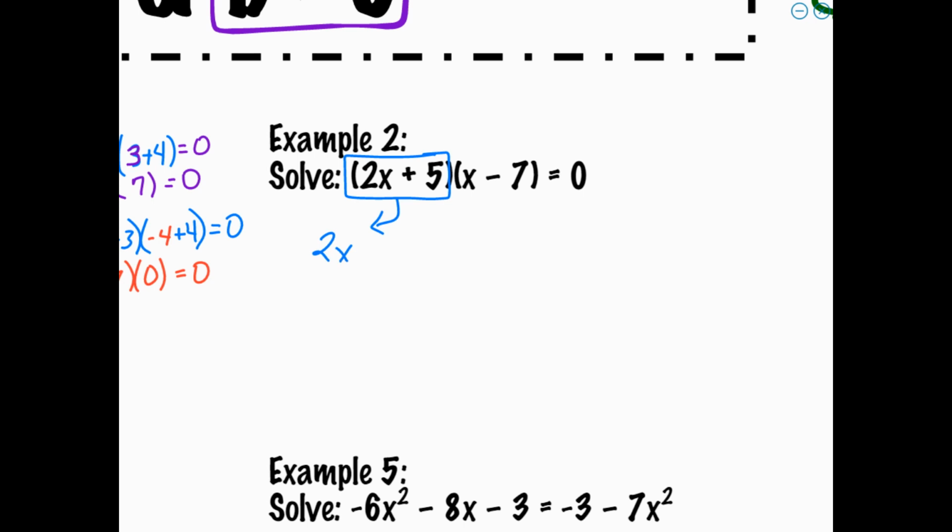So now we are just separating them. So 2x plus 5 equals 0, and x minus 7 equals 0. I have to make it into 2 equations at this point in time. So take a moment and finish solving. Go ahead and work them out.